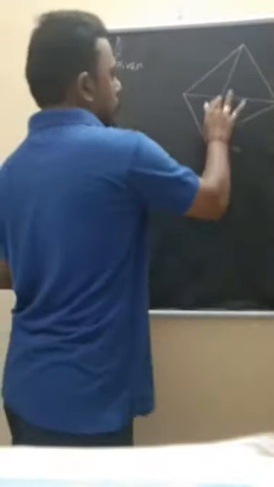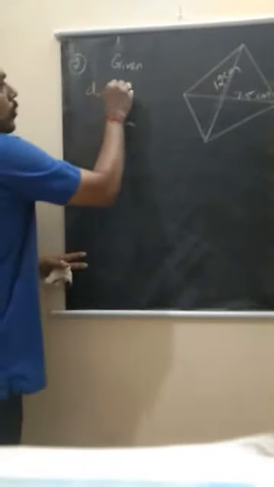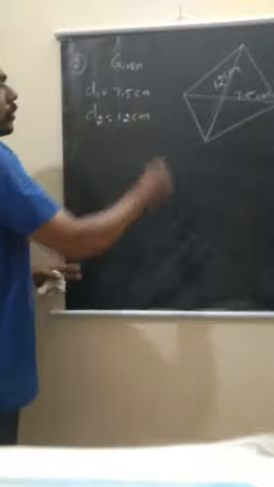So this diagonal is given 7.5 centimeter, 12 centimeter. So that is given D1 equal to 7.5 centimeter and D2 equal to 12 centimeter.